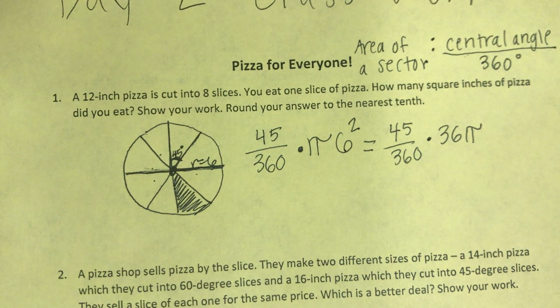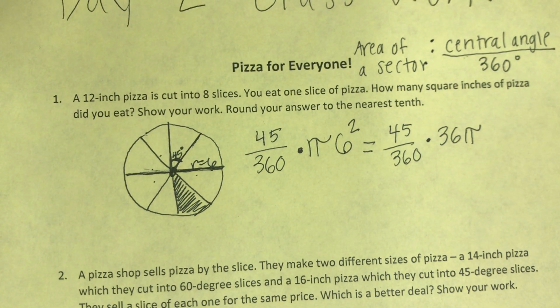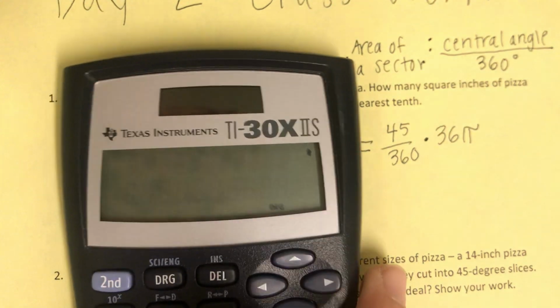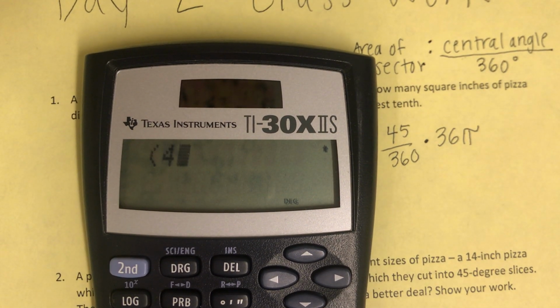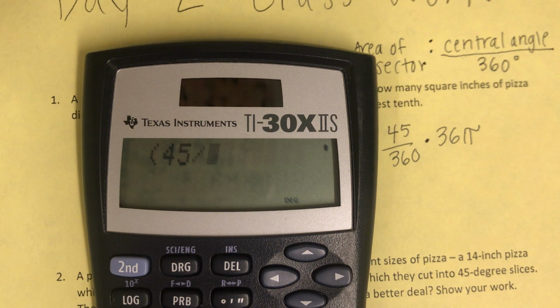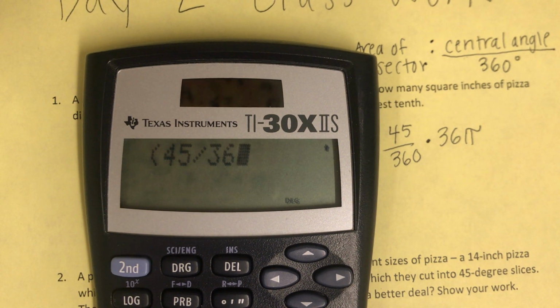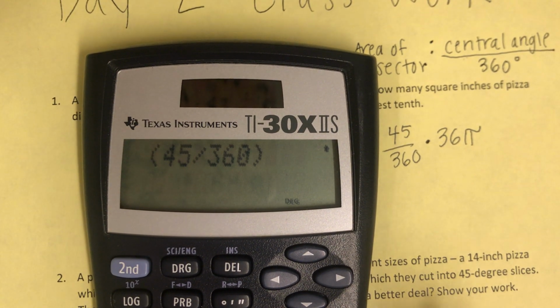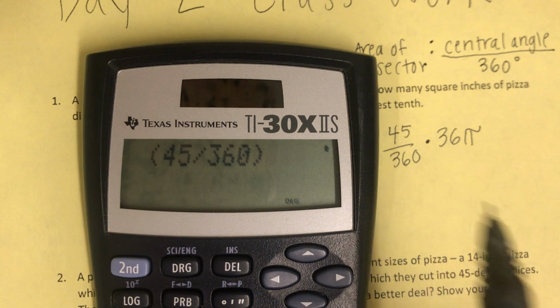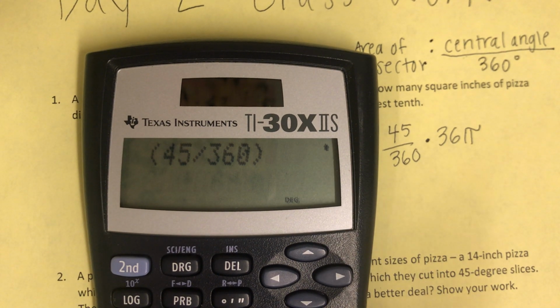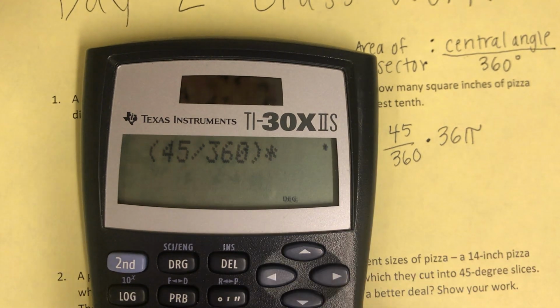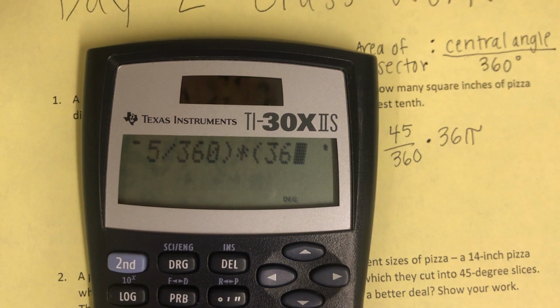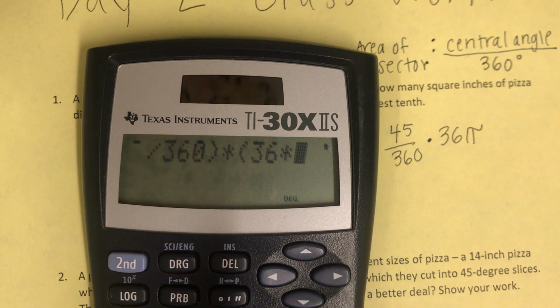Now you just take your calculator and plug it in. I'll show you how to do that right here. I'm going to put parentheses 45 divided by 360, because that represents this fraction right here. Then I'm going to multiply by 36 pi.